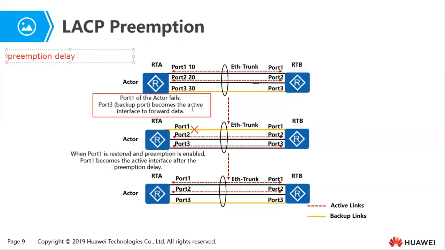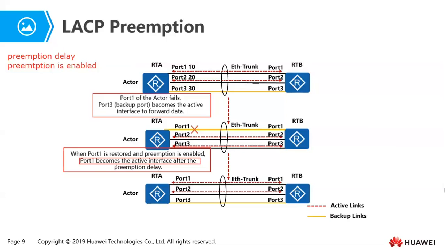Now, if preemption is enabled, then when port 1 is restored, port 1 becomes the active interface. Again, it has to wait for the preemption delay to expire.